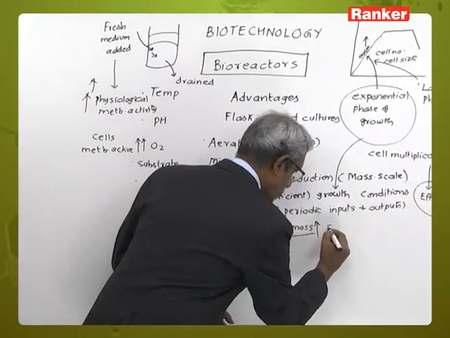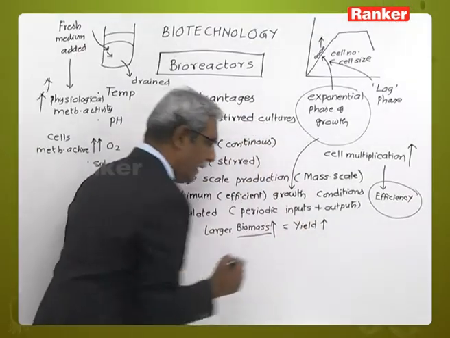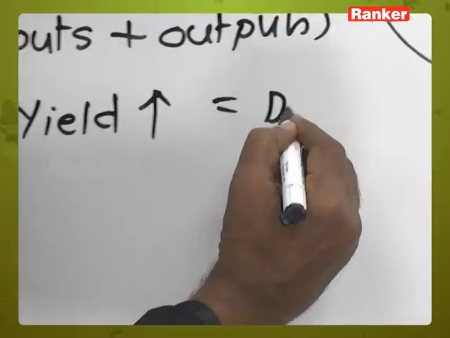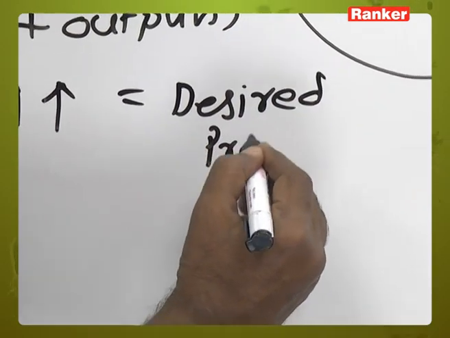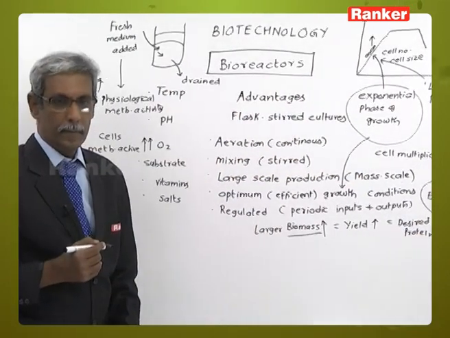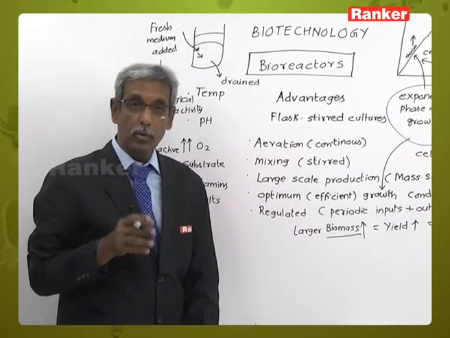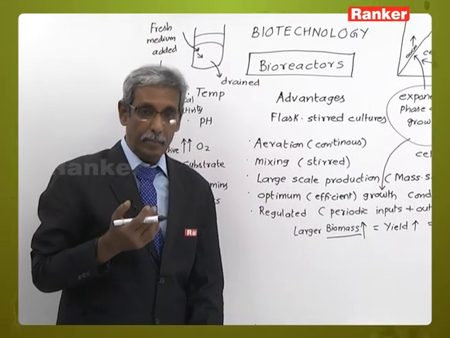This again leads to high yield. It leads to high yield, and we get the desired protein. Thereby we understand logarithmic growth of the cells in a continuous culture.